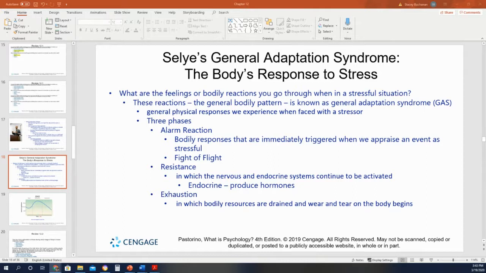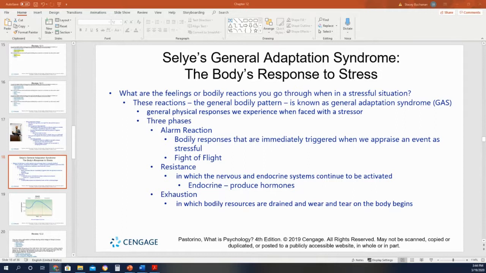So once you go through that first phase, the alarm reaction, if you're still stressed, so let's say that you didn't have a speech written, so you're like 6 hours into working on your speech, you're going to eventually, and this is different for everyone, hit that resistance phase.